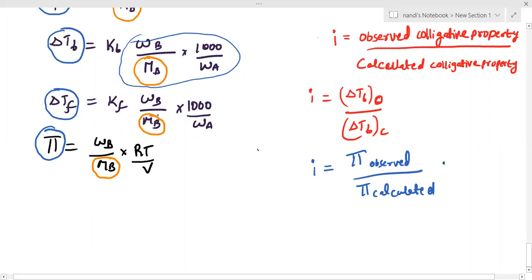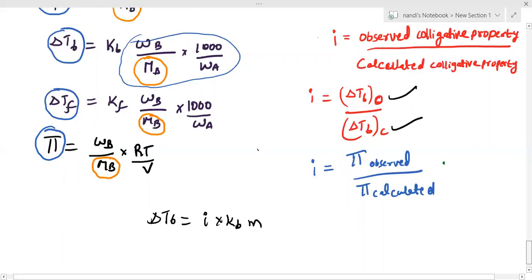And the i value we also know: observed colligative property by calculated colligative property. Suppose, in terms of boiling point, it is delta TB observed by delta TB calculated. We know the simple formula, delta TB equals i into KB into m.